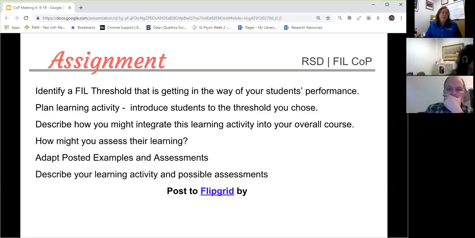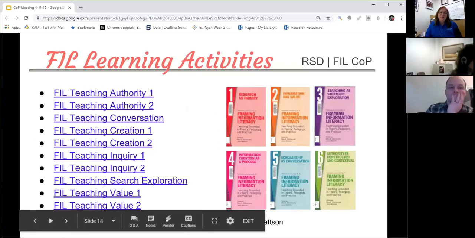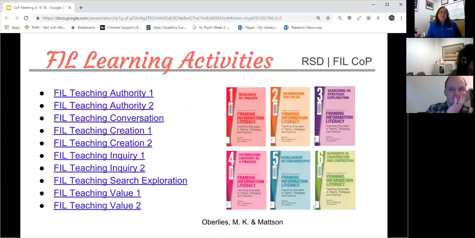Hang on and we'll take a look at some resources here. In the module, Jessie has posted different examples for you, and they will look something like this. They look like Teaching Authority 1, Teaching Authority 2, with an example of how these connect to the different frames in the Framework for Information Literacy.